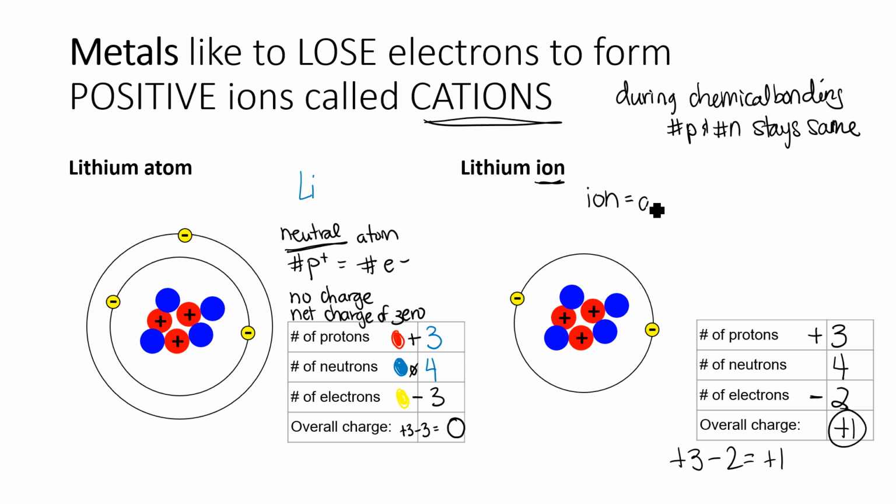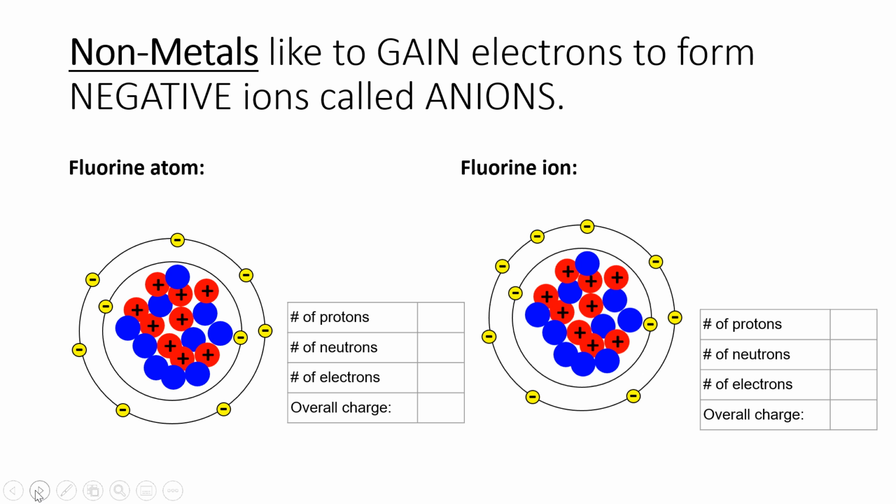An ion is an atom with a charge. So it is a charged particle. Metals tend to form positive ions by losing some electrons. Nonmetals tend to do the opposite. They tend to gain electrons to form negative ions.